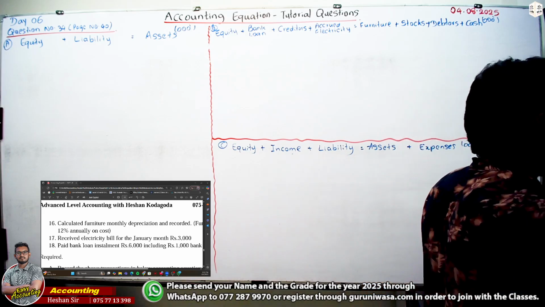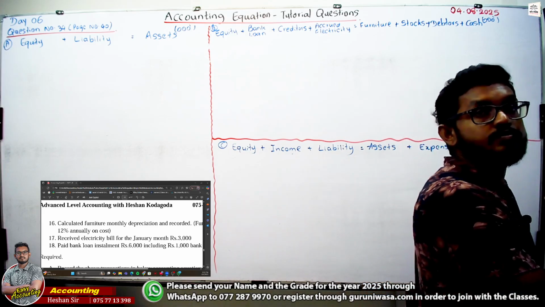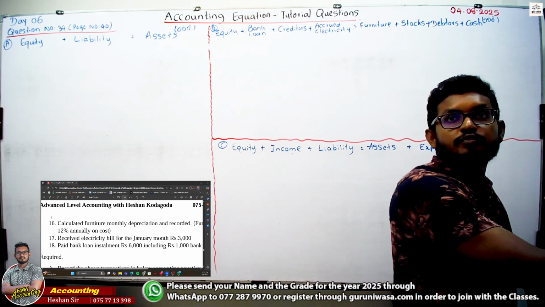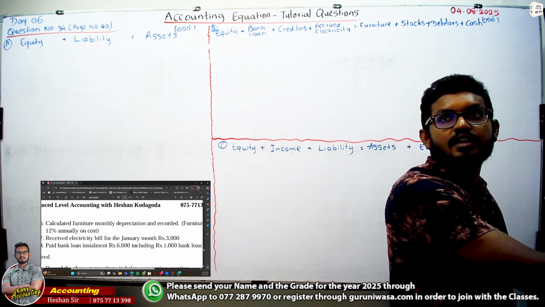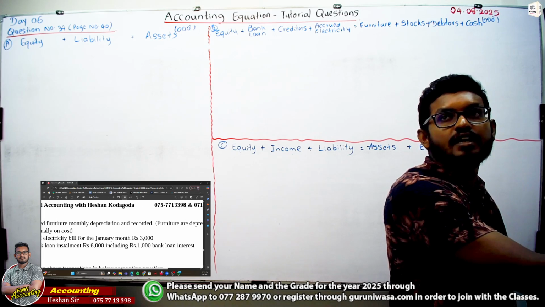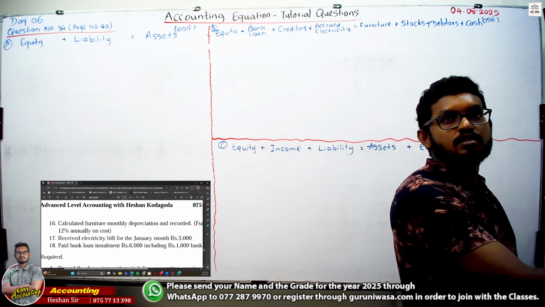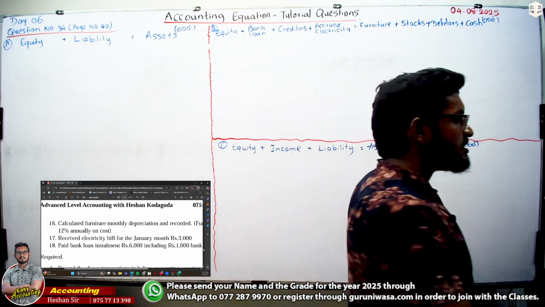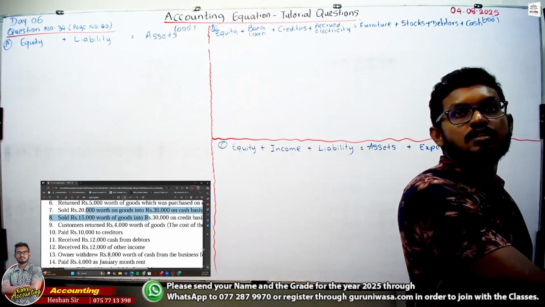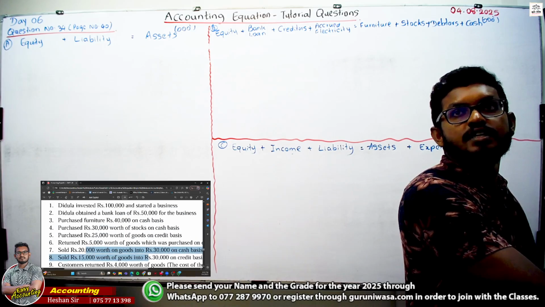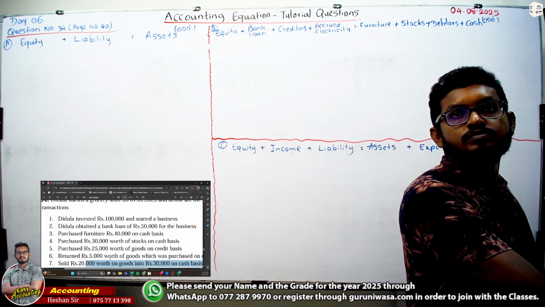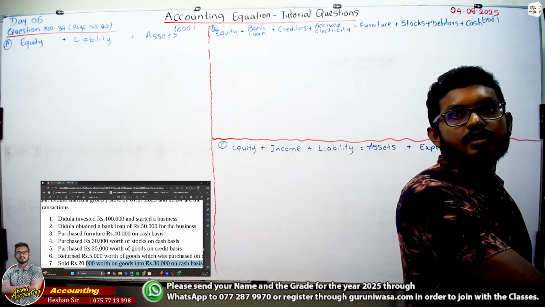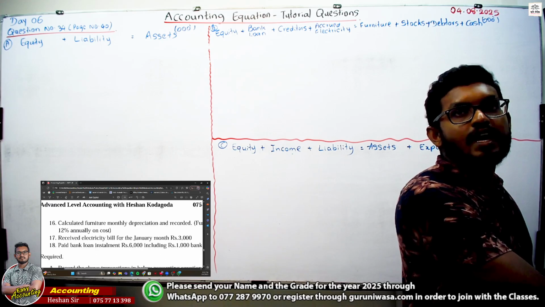Right. 16, calculate furniture monthly depreciation and record it. Furniture is depreciated 12% annually on cost. Now, can you check how much our furniture is? Furniture we purchased how much? 40,000, right? So now we need to calculate the depreciation.